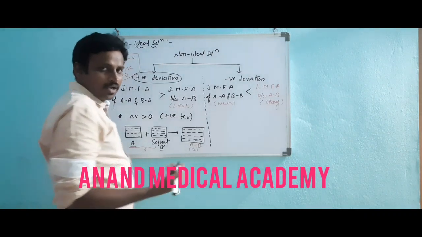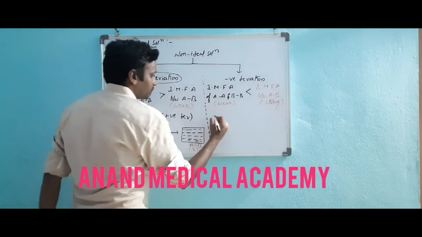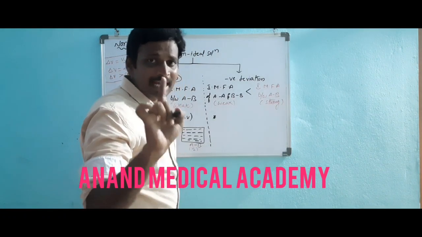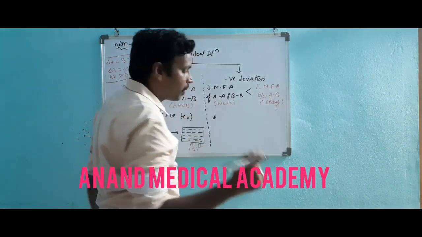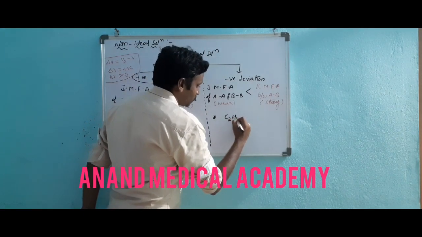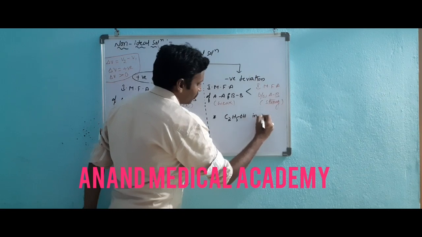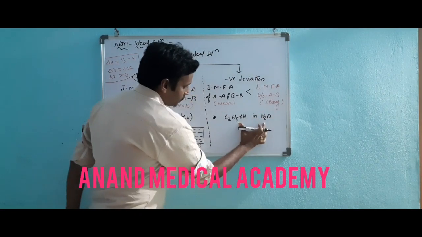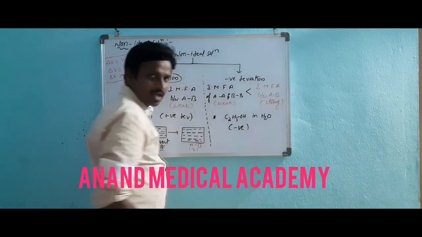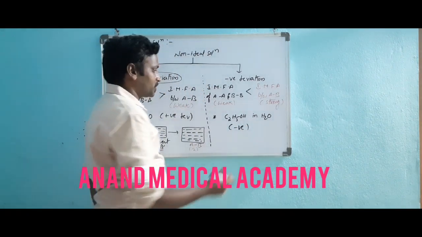The solutions which show negative deviation must have one particular strong bond between solute and solvent, like a hydrogen bond. Suppose ethyl alcohol, C2H5OH, in water. This solution shows a negative deviation. Why does this show negative deviation?